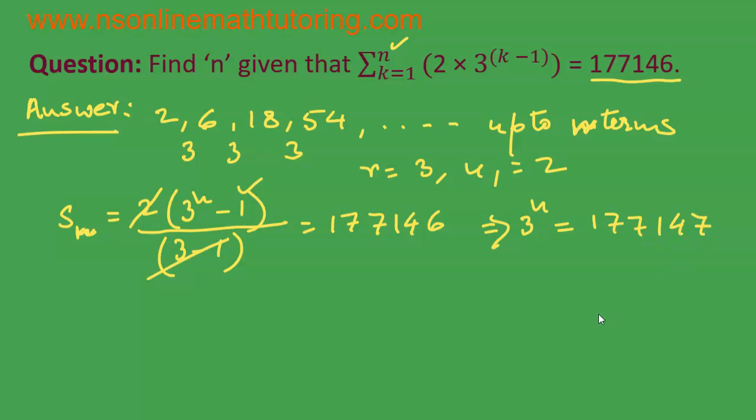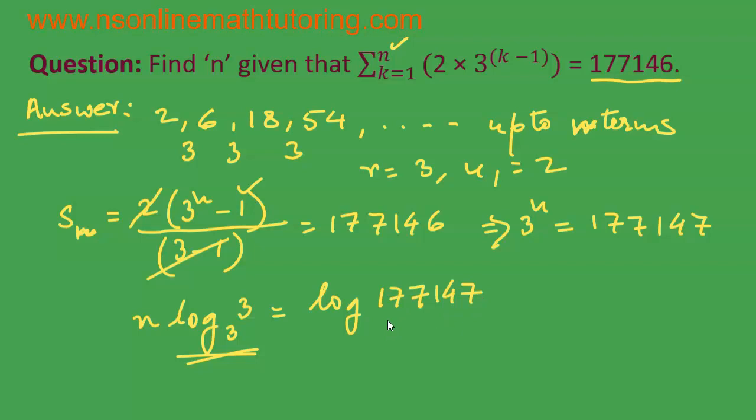So it is 177147. And then we may take the log of both the sides to the base 3. So log 3 to the base 3, which will be equal to 1, is equal to log 177,147 to the base 3. What is this value? Let's check.